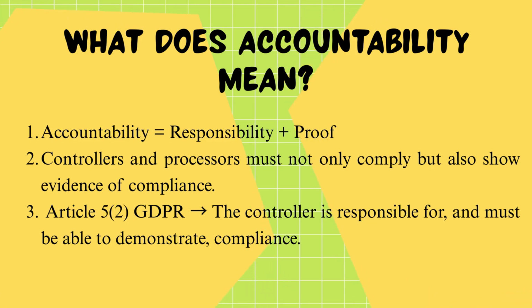So this shifts the mindset from passive compliance, when you say yes, we are following the rules, to proactive accountability, where you can show exactly how you are following the rules. Think of it like a driving test. It's not enough to know the rules, you have to show you can drive safely.